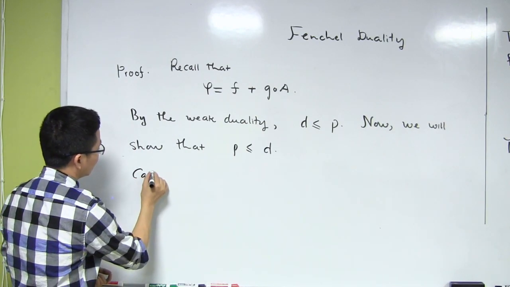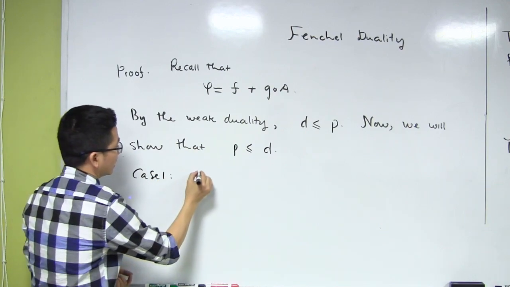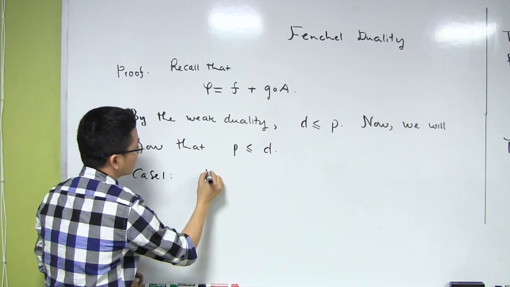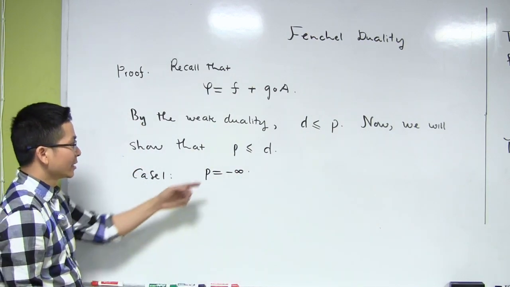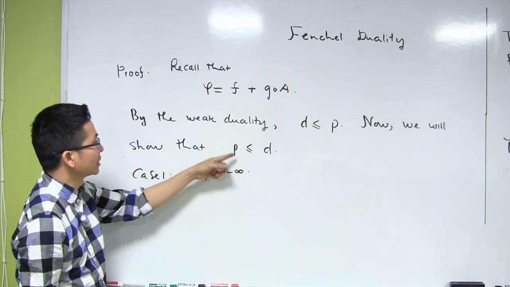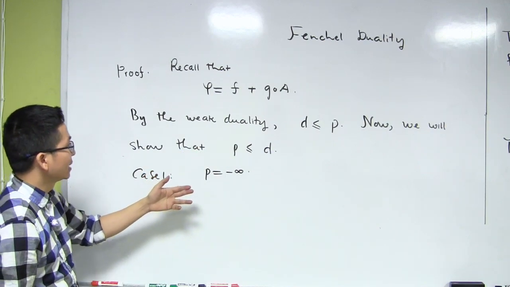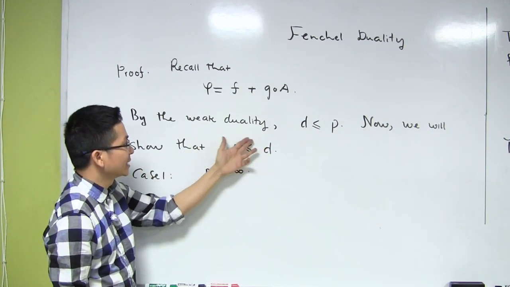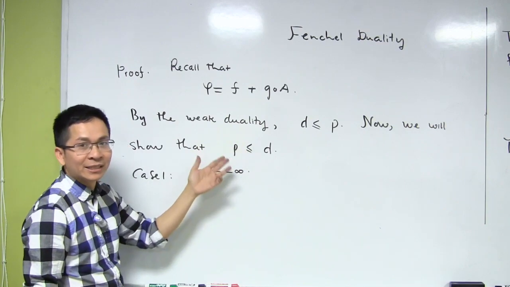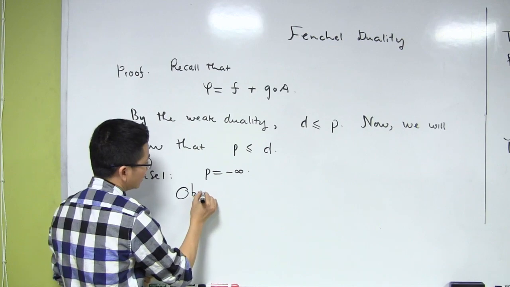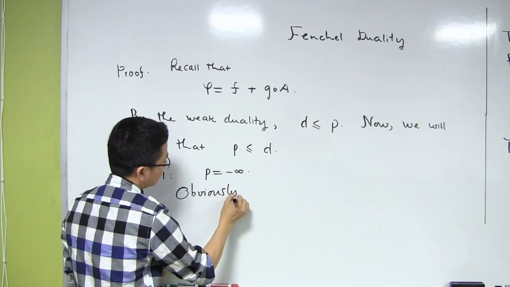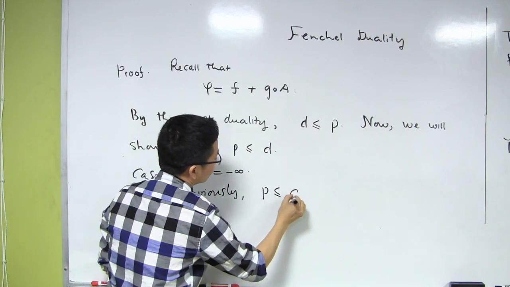Case 1: we suppose that P is equal to minus infinity. Then this inequality is always satisfied. In this case, we can say obviously P is less than or equal to D.